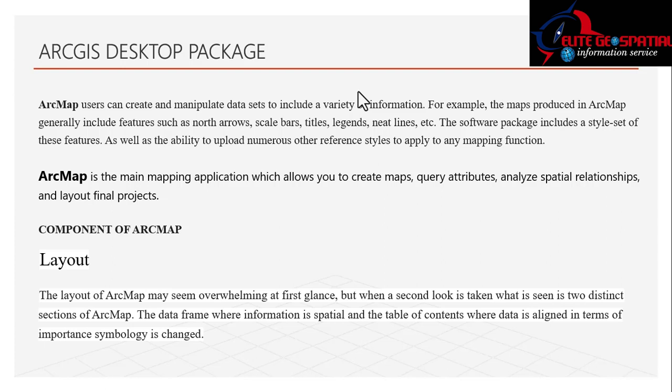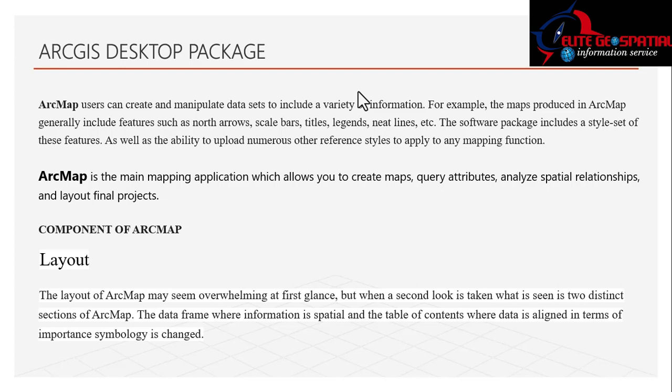So ArcMap is the main mapping application which allows you to create maps, query attributes, analyze spatial relationships, and lay out final projects. So we're going to look at a few components of ArcMap.